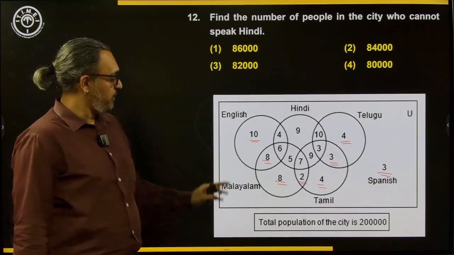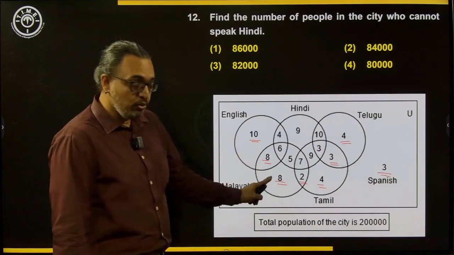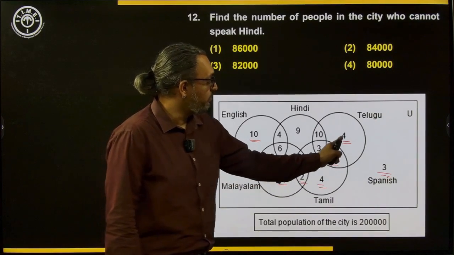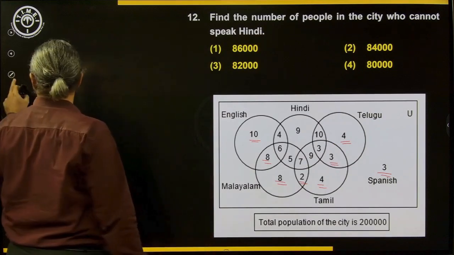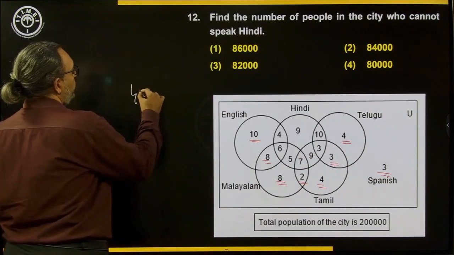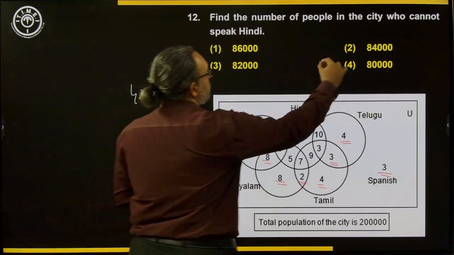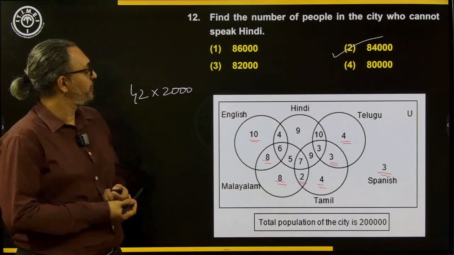Cannot speak Hindi. So you add them. So 10 plus 8, 18 plus 8, 26 plus 2, 28 plus 4, 32 plus 3, 35 plus 4, 39 plus 3. You get 42. So 42 multiplied by 2000. So it gives you 84,000. Choice 2. Correct?